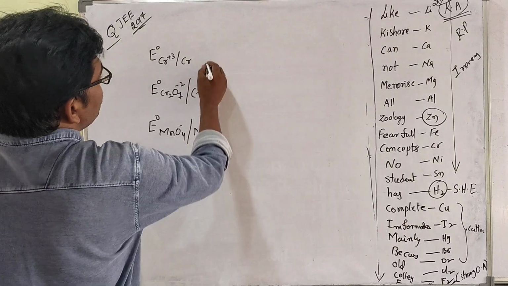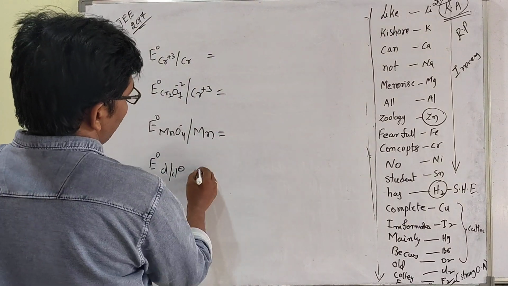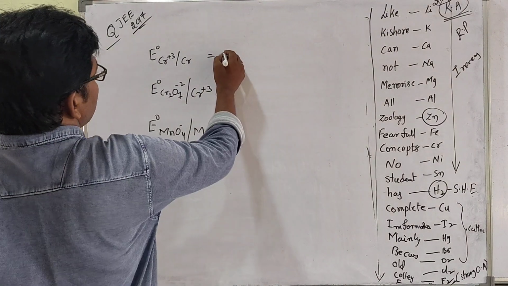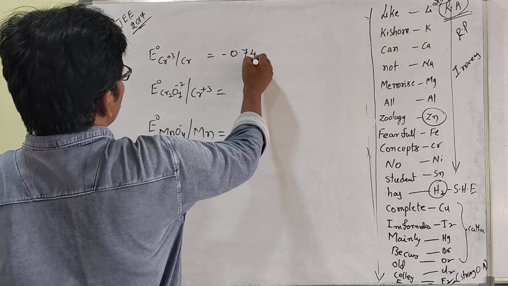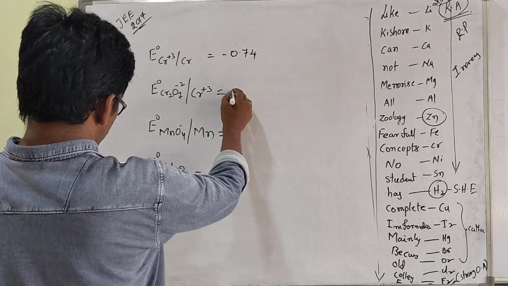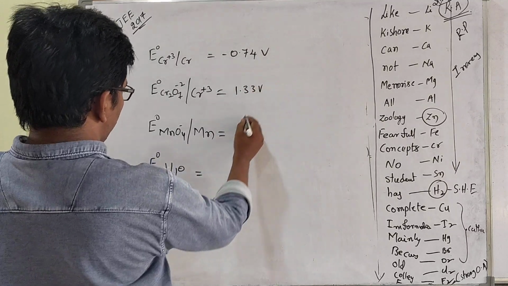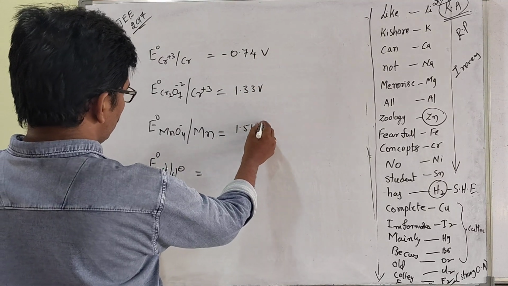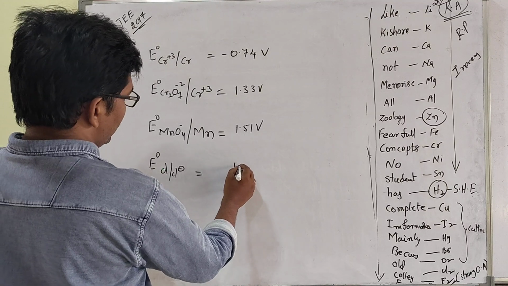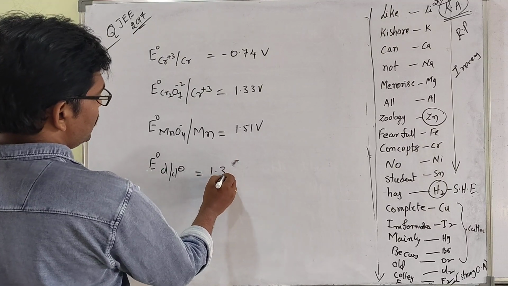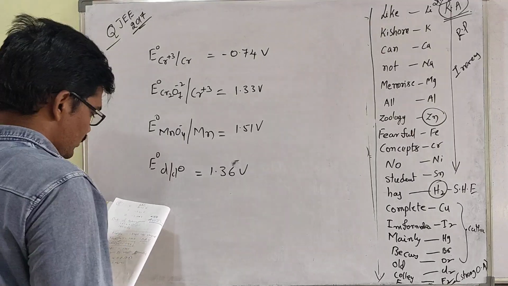All these values are reduction potential values only: minus 0.74 volts, plus 1.33 volts, 1.51 volts, and 1.36 volts.